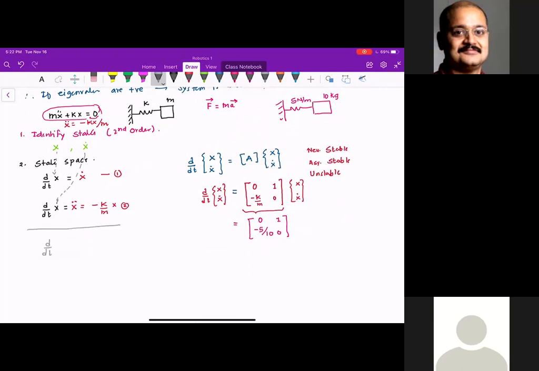D by dt of x is 0 x plus 1 x dot. D by dt of x dot is equal to minus k by m x plus 0 x dot. So when you write this, you're going to get 0, 1, minus k by m, 0.